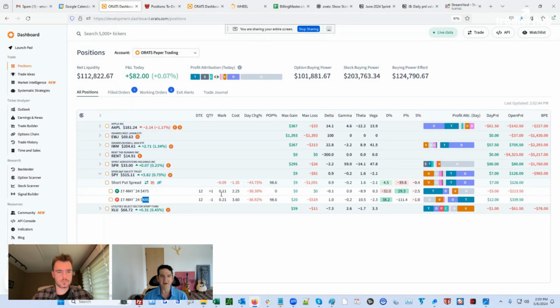The 475 was purchased for 2.25. So a net credit. I got money, $1.35, and now it only has 12 days left, and it's only worth 9 cents. So that's what all these mean: days to expiration, quantity, mark, that's the mid price.